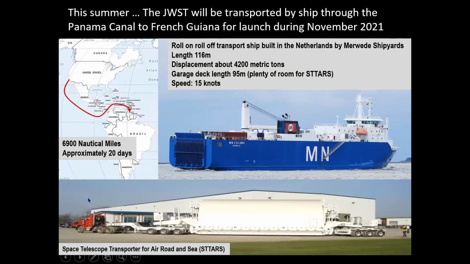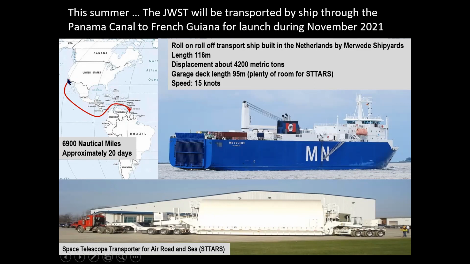Now, because we have added the sunshield and the spacecraft to the assembly, we can no longer put it on the aircraft. And so this time, later this summer, the shipping container, instead of rolling onto an aircraft, will roll onto this special roll-on, roll-off transport ship.